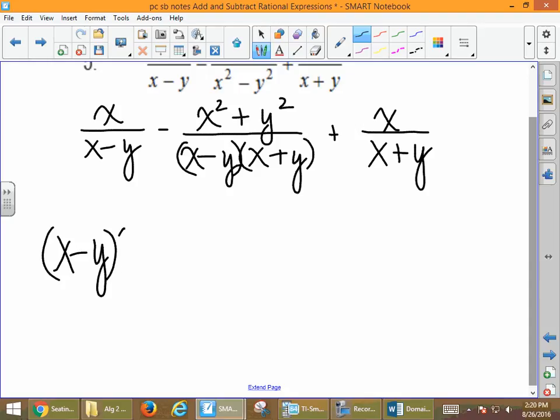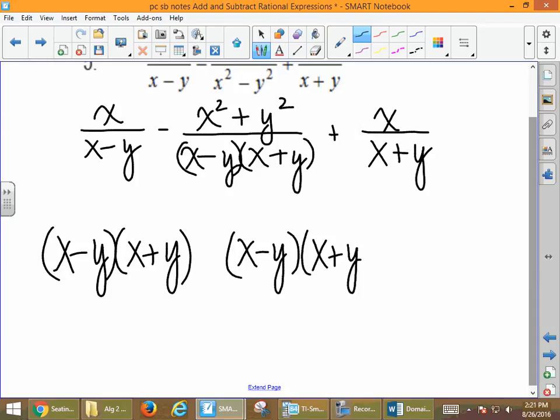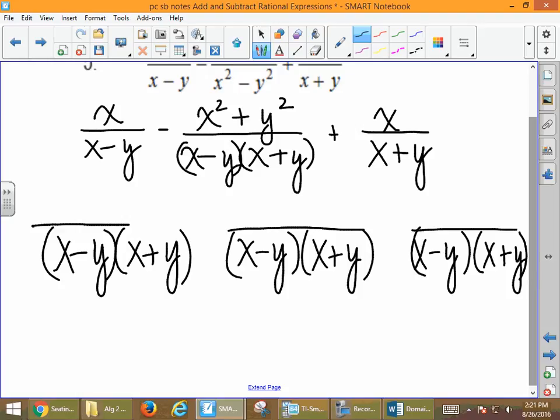X plus y is going to be part of our common denominator. So a little bit simpler denominator for us this time. But watch out for the minus sign. We've got the minus here. I just want to highlight it because you have to be really, really careful with the signs.